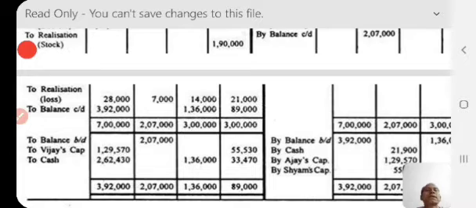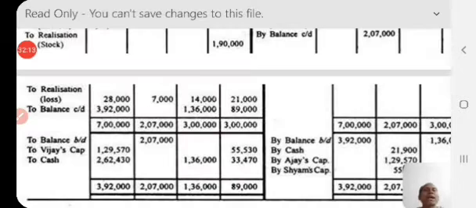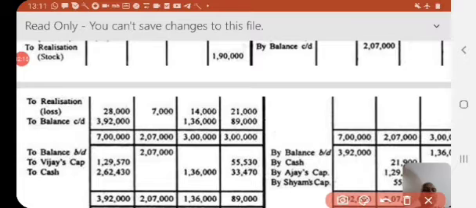Now see, realization loss should be recorded. Already just now we have seen the realization account, and in realization account, loss is incurred.